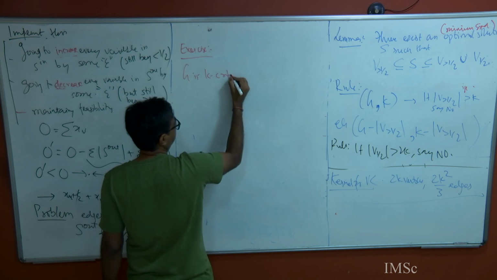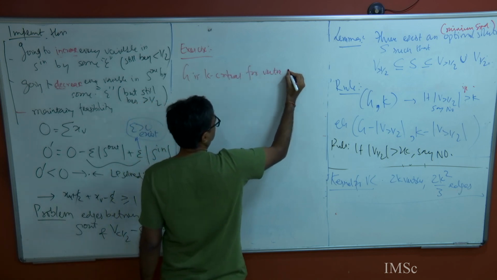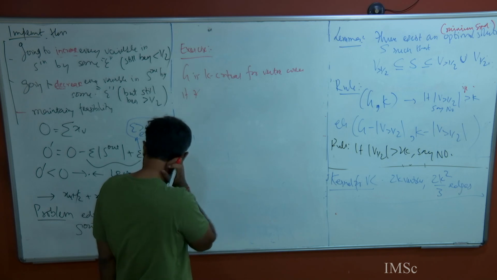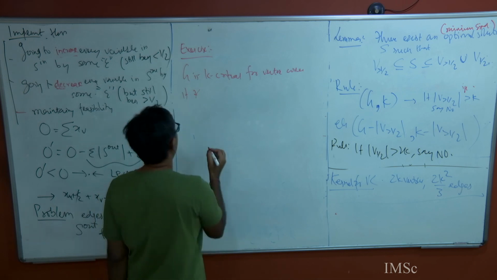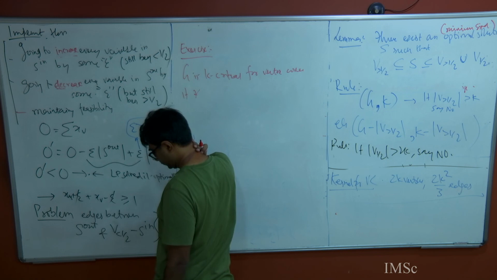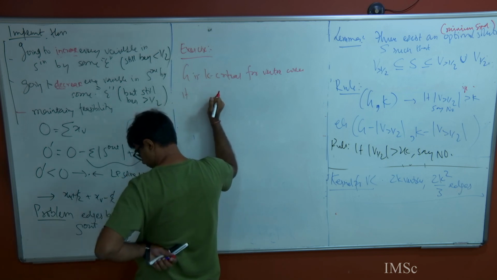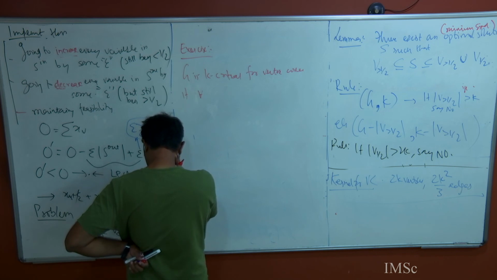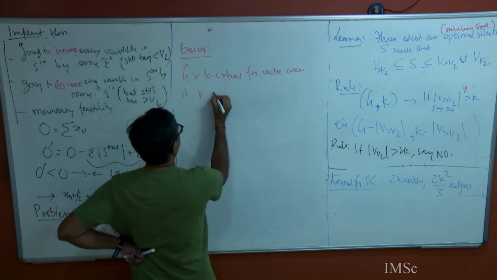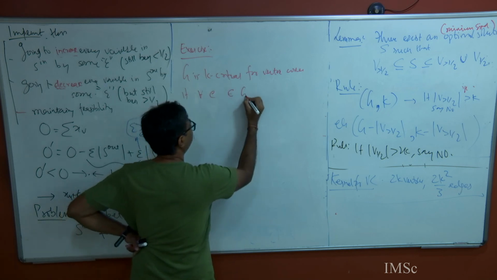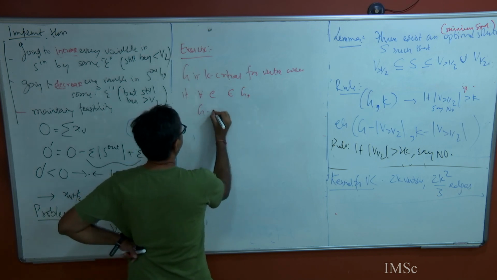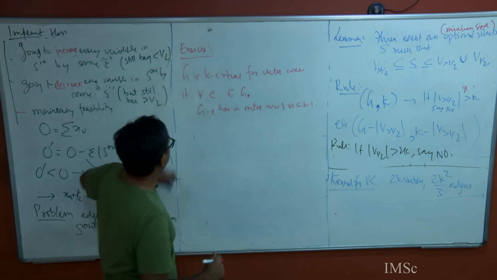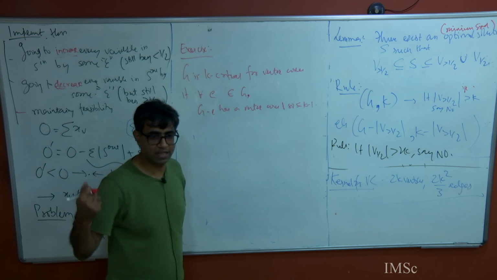G is k-critical for vertex cover if for all edges e in G, G minus e has a vertex cover of size at most k minus 1. So G is k-critical for vertex cover if for all e in G, if I delete an edge, the vertex cover drops.